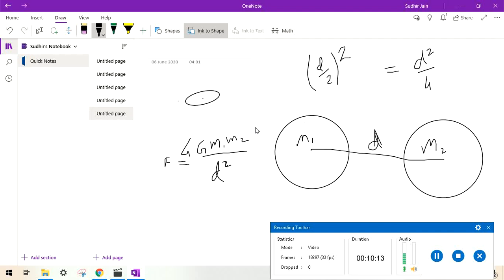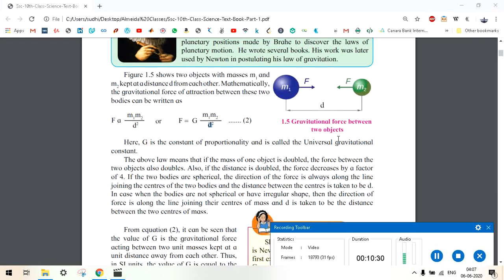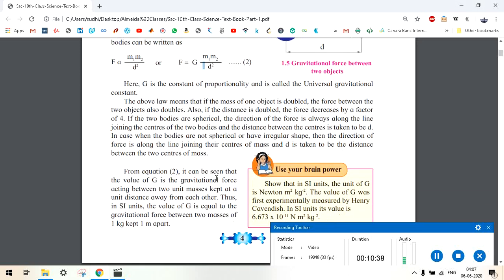But if you increase the distance by multiplying it by 2, then 2d whole square will be equal to 4d square. It means in the denominator we will have 4, and that is why it is saying that if the distance is doubled, the force decreases by a factor of 4.